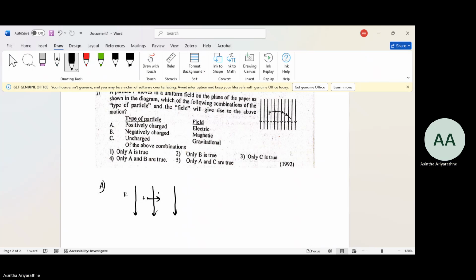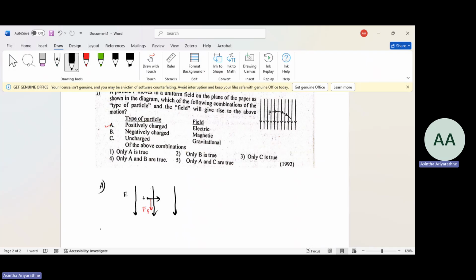It would be shifted downward. That is correct. The electric force would act downward, so it would go down. So the first one is correct. It would have this path.